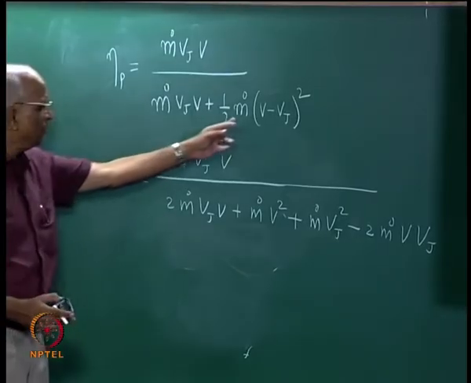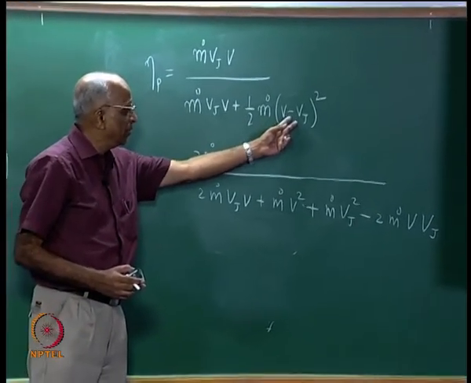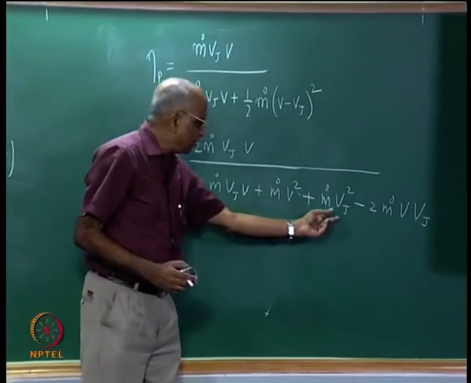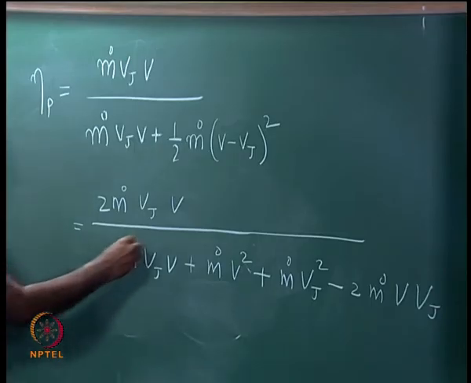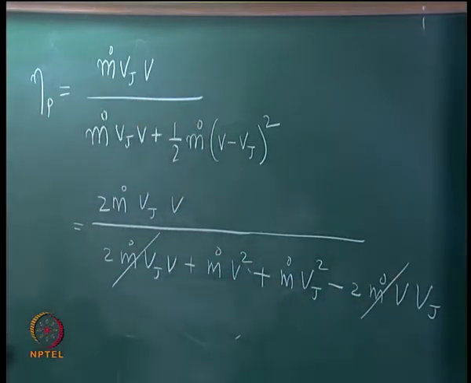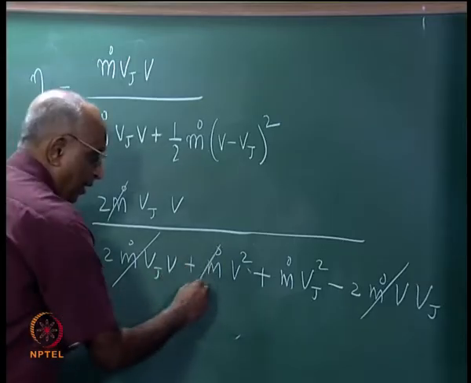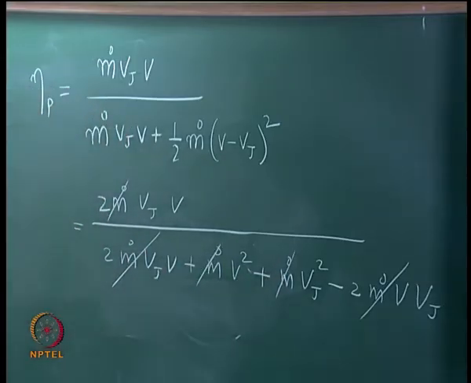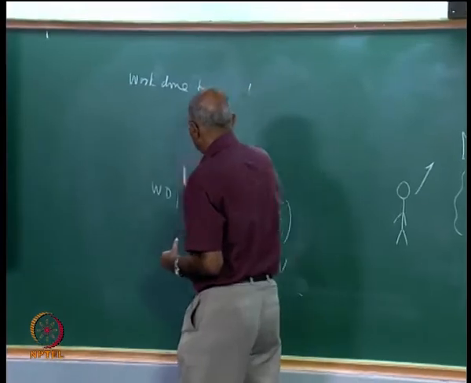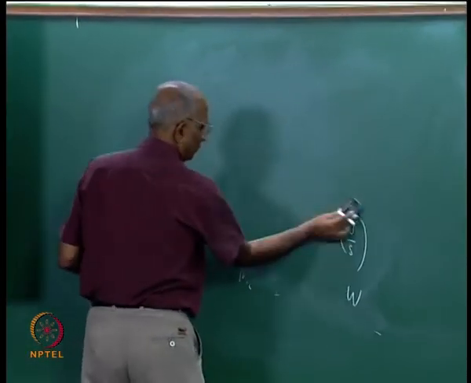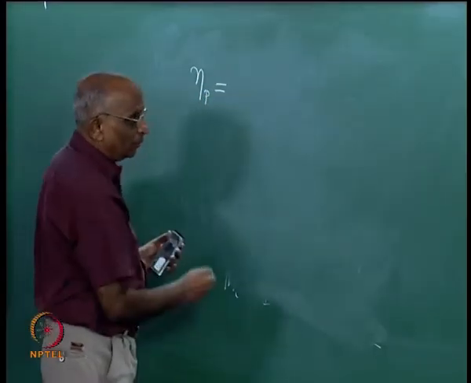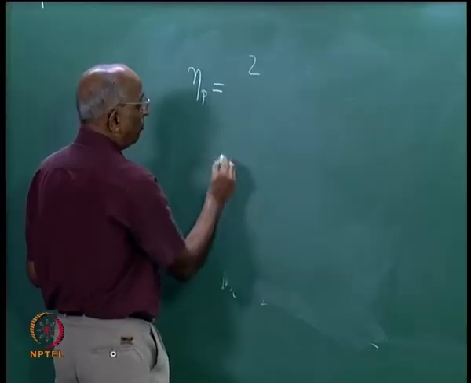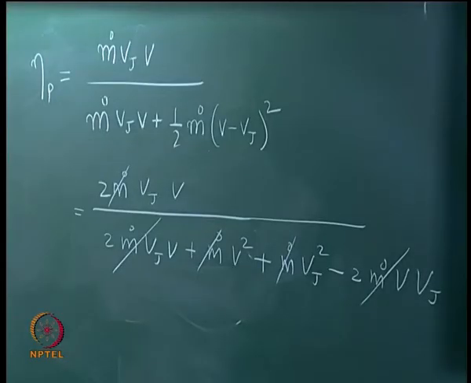Is it all right? V square minus 2 V Vj plus Vj square, V square, Vj square, 2 V Vj. You find that this and this gets cancelled, m dot gets cancelled on the numerator and denominator, and what is the propulsive efficiency? Therefore, propulsive efficiency is equal to 2 V Vj by V square plus Vj square.